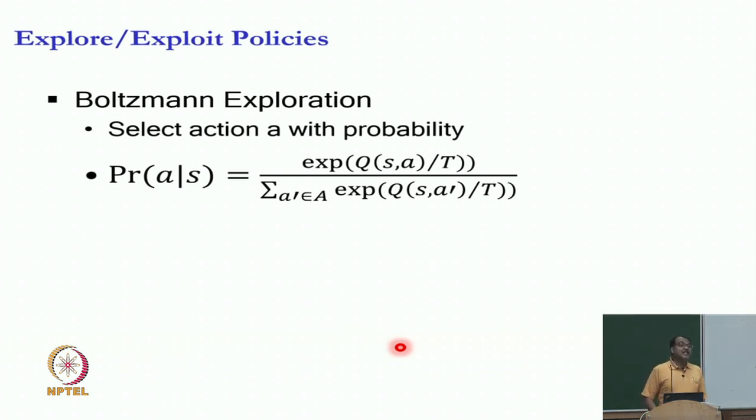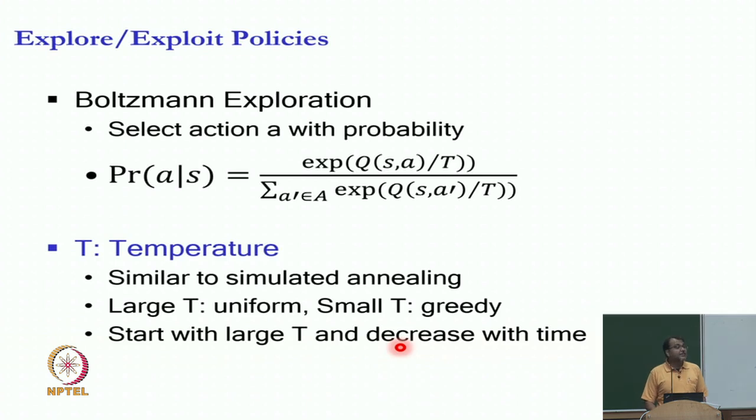Now, what is T? T is the temperature. Have you seen temperature before? Simulated annealing, right. So, it is the same intuition. If my temperature is too large, then everything is divided by infinity.